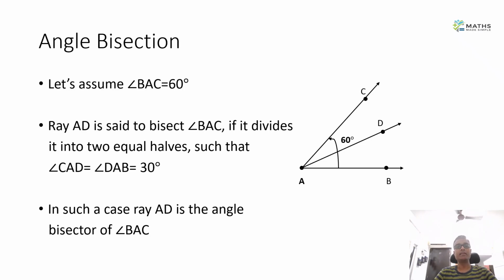Now ray AD is said to bisect this angle BAC if it divides it into two equal halves such that angle CAD is equal to angle DAB. And in this case, both CAD and DAB would be equal to 30 degrees. And the ray AD would be called the angle bisector of angle BAC.